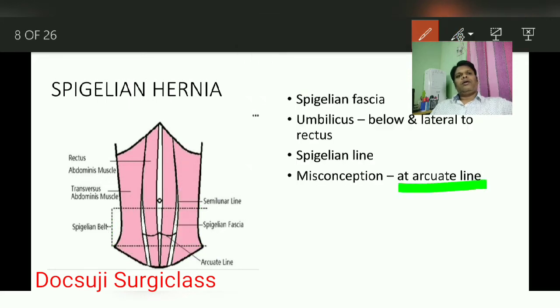So what is this arcuate line? This is the arcuate line. It is the inferior margin of the posterior rectus sheath. This is a misconception. You don't commonly get a herniation there. You will get herniation below the umbilicus and lateral to the rectus sheath.